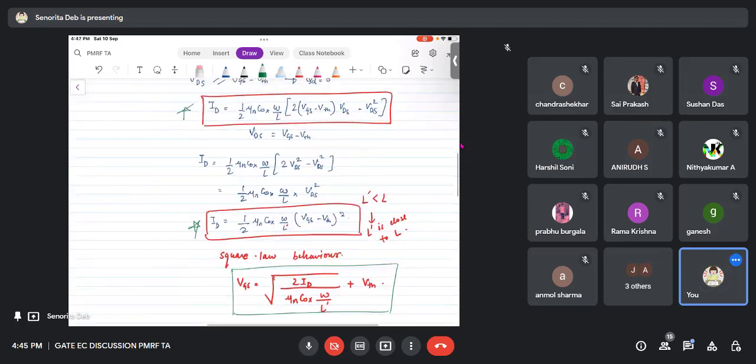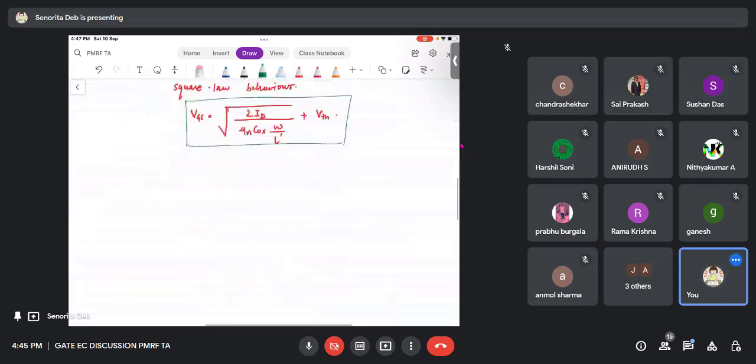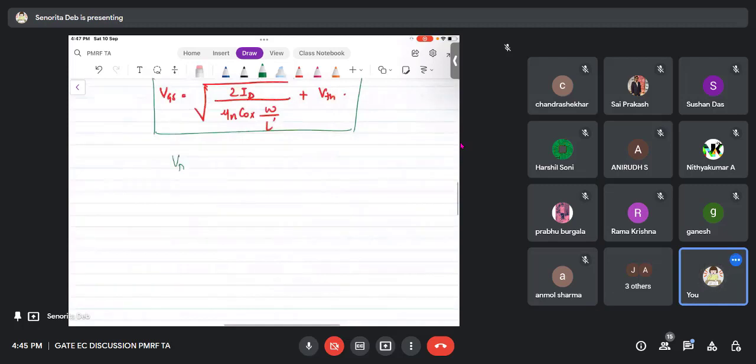Here I have to maintain VDS equal to VGS minus VTH for the MOSFET to operate in saturation region. So this is also sometimes called the overdrive voltage or headroom voltage.